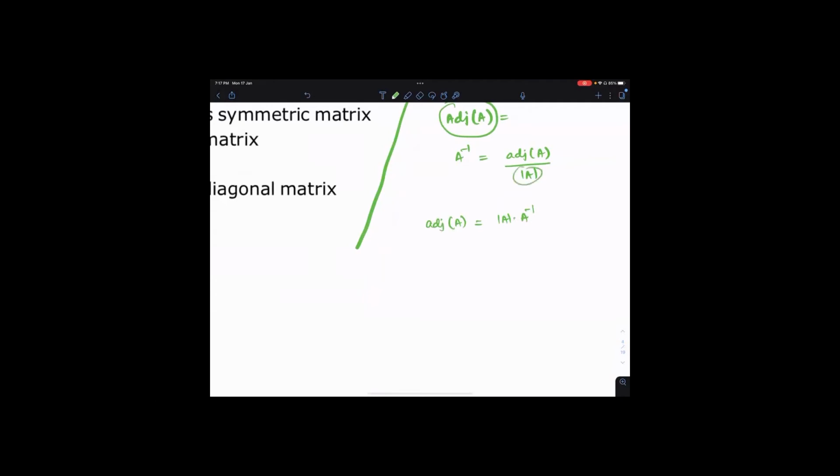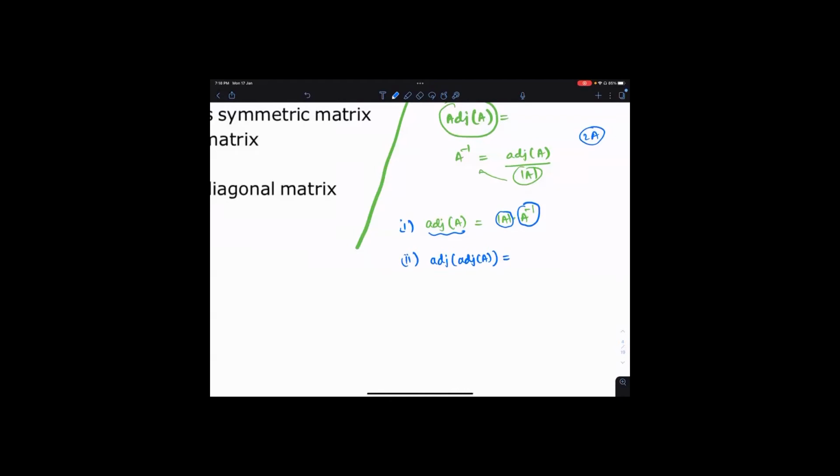Second, think about what the adjoint of A is. It is a matrix, because det A is a scalar and A inverse is a matrix, and a scalar times a matrix is a matrix. For example, 2 is a scalar, A is a matrix, but 2A is a matrix again. So the adjoint of A is a matrix.